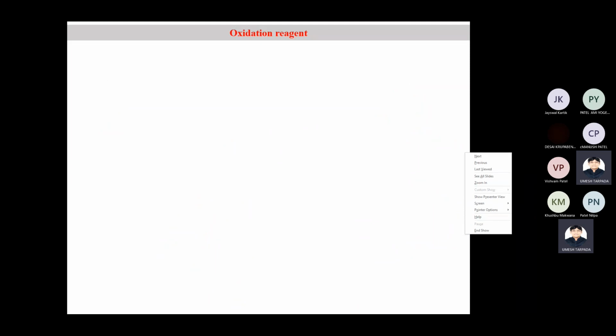Now again, a very important reagent is used in hydration. The reagent used in this reaction, which reagent is used?